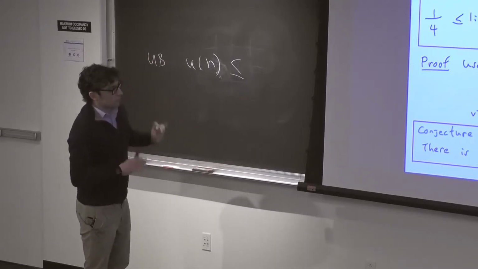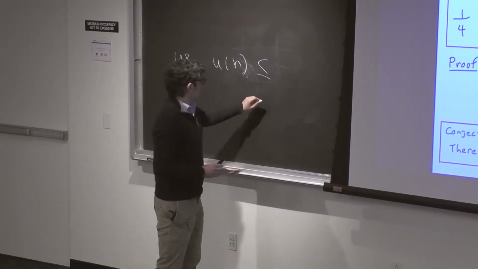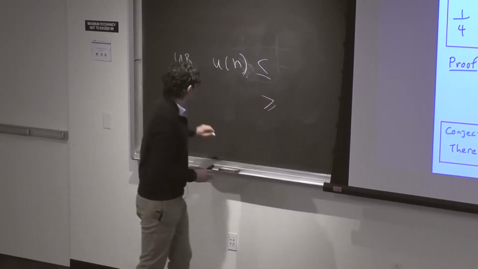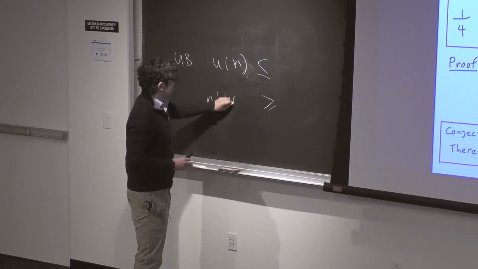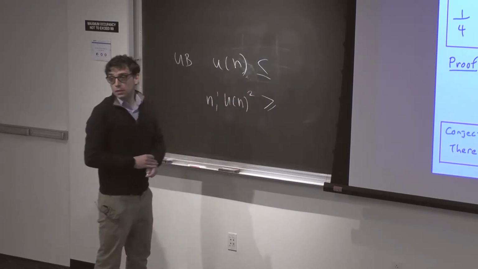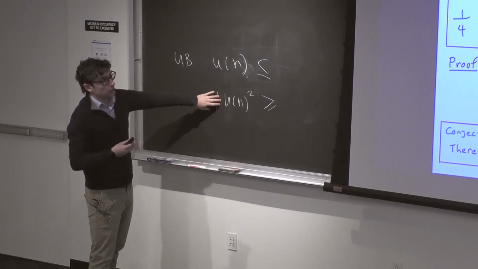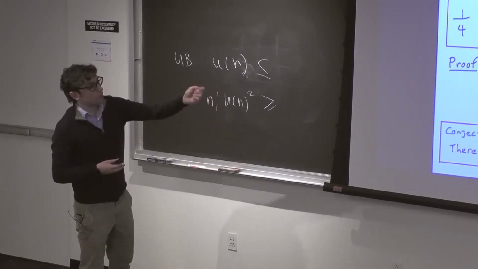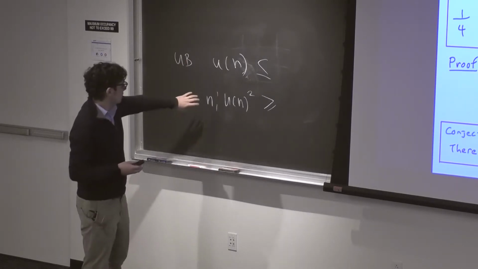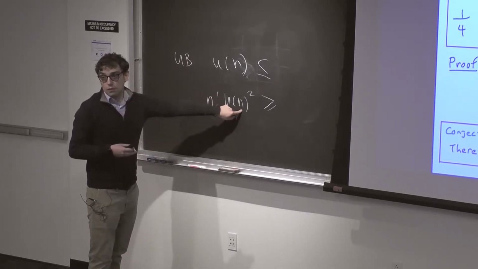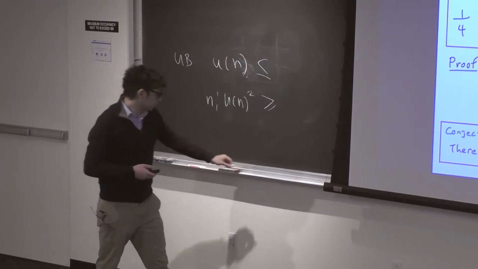And so again, so we're all on the same page. To prove the lower bound, this is less than or equal to the number of terms times the maximum squared. And then the n factorial doesn't really matter, since you're looking at exponents that are quadratic. And if you take the square root here, you get the 1/4.